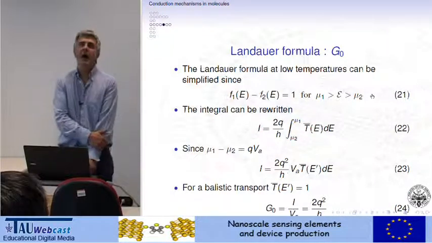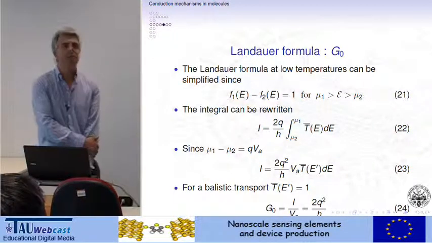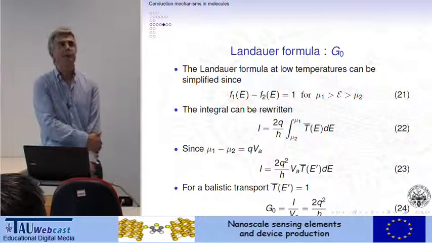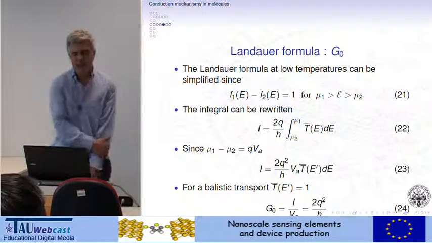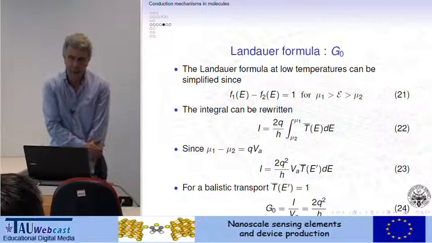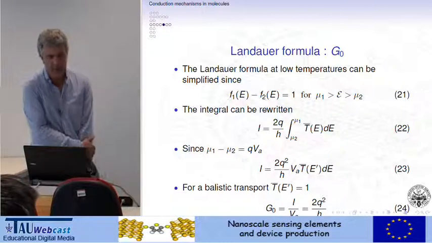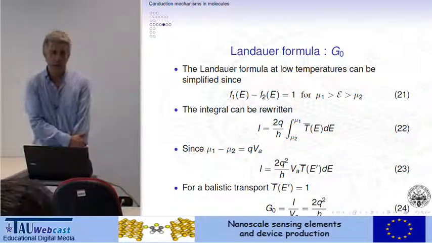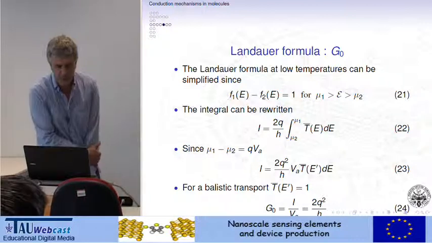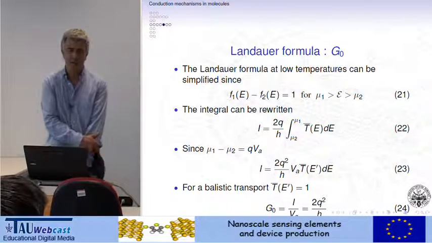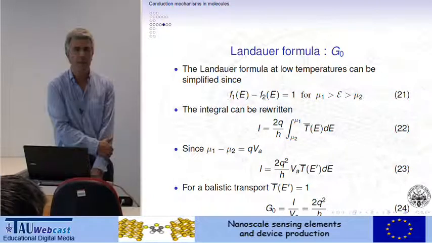To understand how we can apply this formula, it could be interesting to do this kind of exercise. It's just an exercise, but it can be useful to understand how we can apply the Landauer formula with broadening. So we can imagine that the system is at low temperature. When the temperature is low, what we said about the Fermi distribution is completely true.